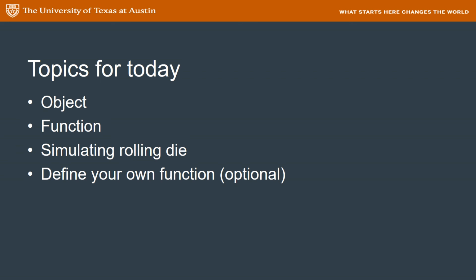The last part is optional. If you really want to learn about R, I'm gonna give you some tips about how to create your own function. I guess most of you guys have never had programming experience, so I would say this is definitely good for you.